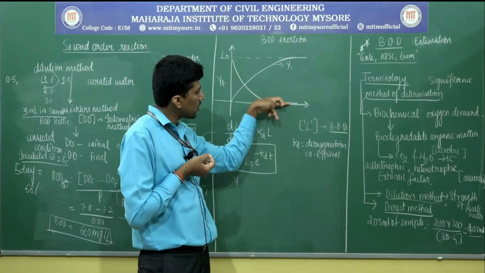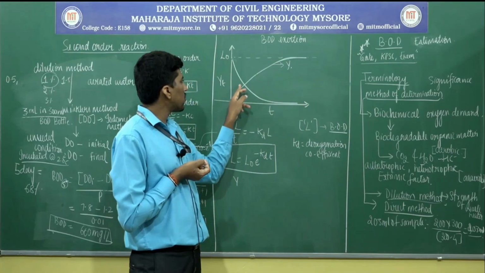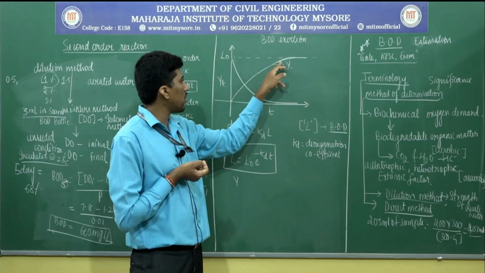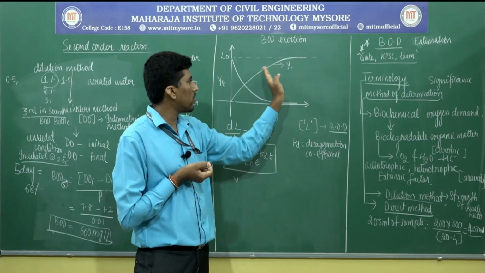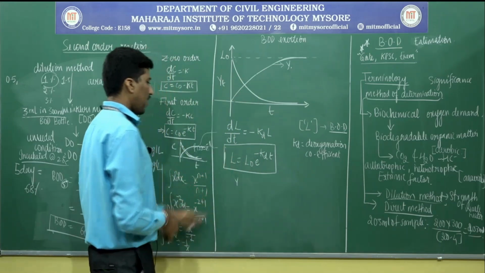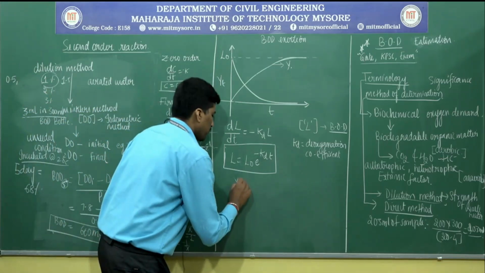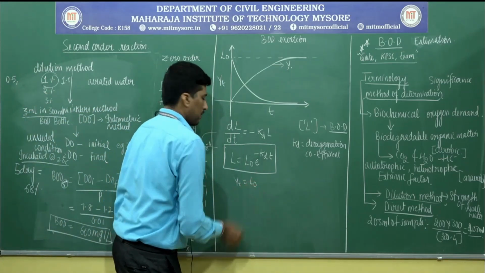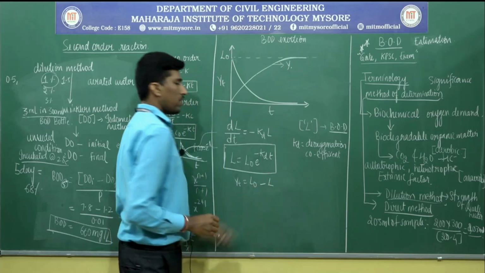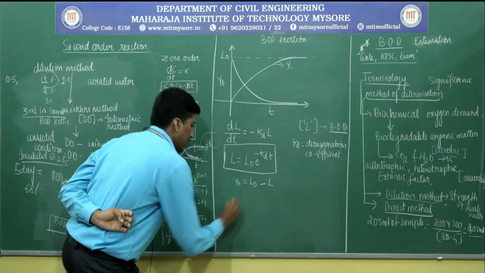The remaining BOD tends to decrease over the period of time. Meanwhile, the oxygen exerted is increasing over time in an exponential manner. Thereby YT is equal to L naught, the ultimate BOD, minus the BOD at that particular instance of time, L naught minus L.